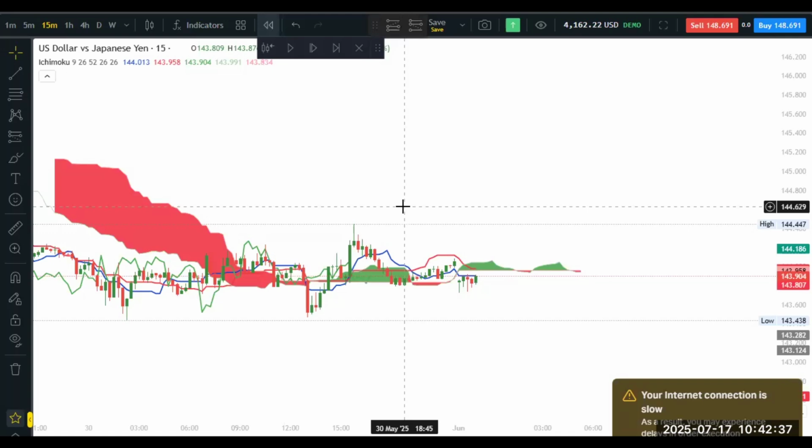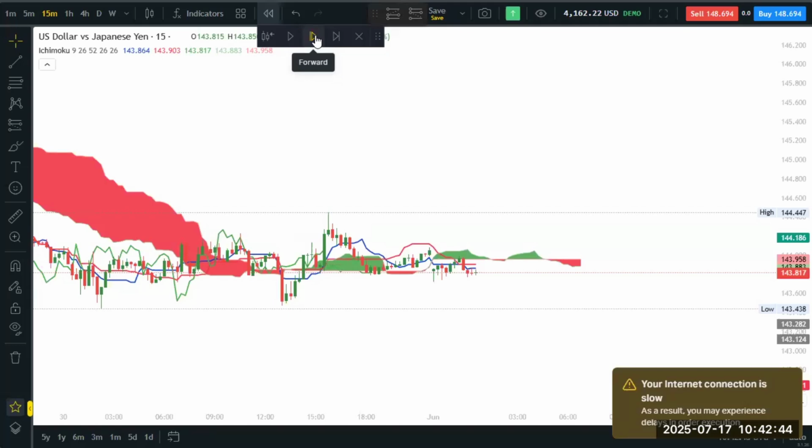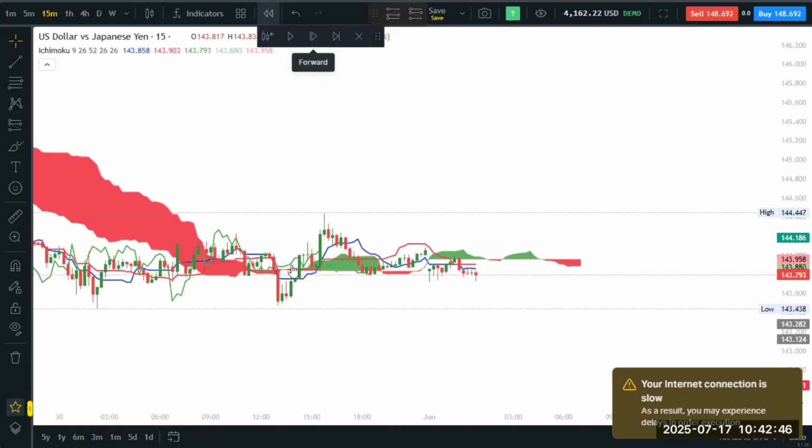So for the bearish example, we will play out. For now, we have not seen our lagging indicator, which is the green, below our cloud and below our price. So we can't take any entry.